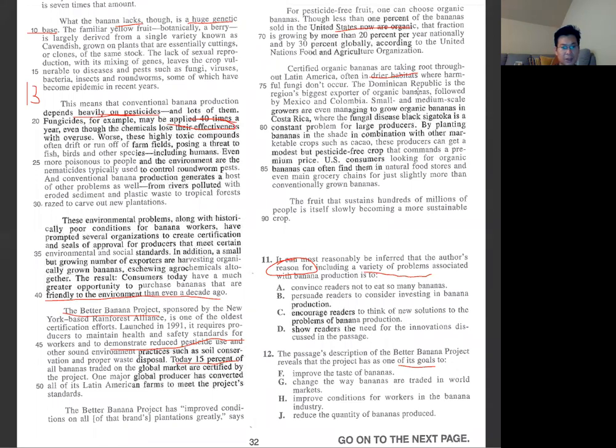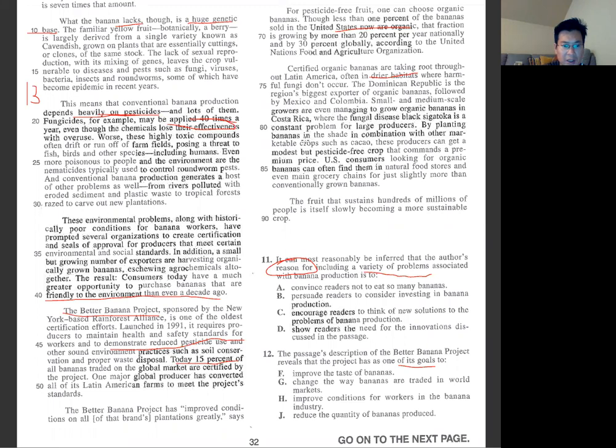The Dominican Republic is the region's biggest exporter of organic banana, followed by Mexico and so on. And then it says growers even managing to grow organic banana in Costa Rica, where the fungal disease black sigatoka is a constant problem for large producers.